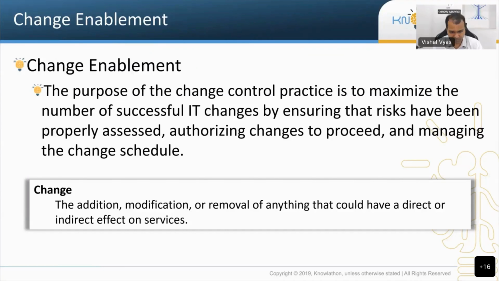Is there any proportion on the number of emergency changes, the number of standard changes among all the overall change numbers? Okay. Let's divide this question into two parts. Ratio of standard changes to normal changes, and second part, ratio of emergency changes to normal changes. There should not be any ratio aimed at of standard changes to normal changes.